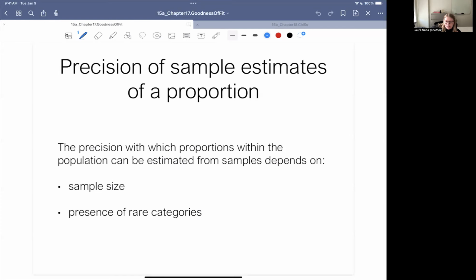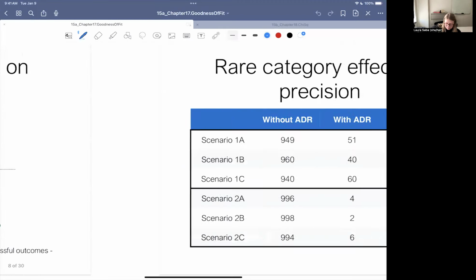And the other thing that contributes here is the presence of rare categories. So if you have 1,000 people and only 1 or 2 get the disease, we can't estimate that proportion very well because that's a rare category.